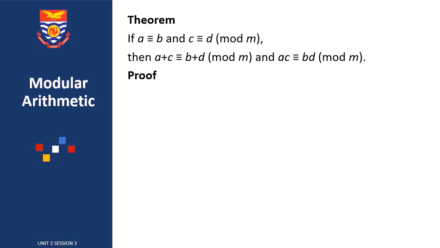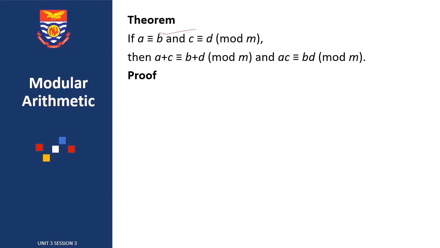Okay, let's look at this theorem. If a is congruent to b modulo m, and c is congruent to d modulo m, then a + c ≡ b + d mod m, and also ac ≡ bd mod m, and they are true.